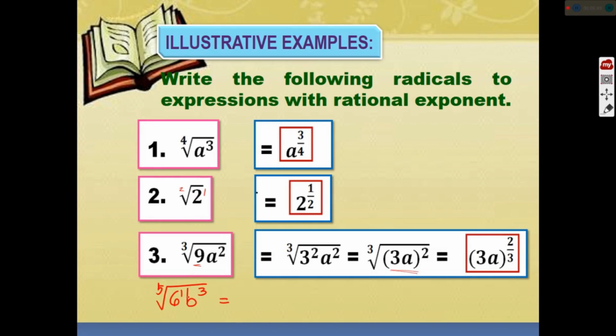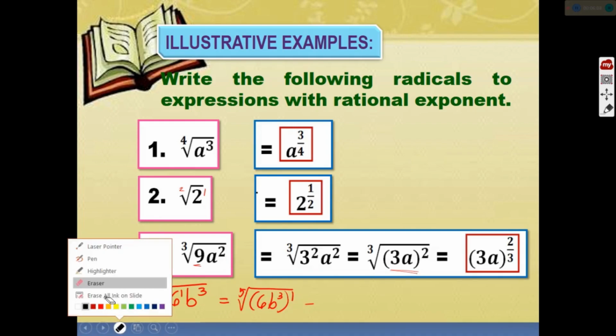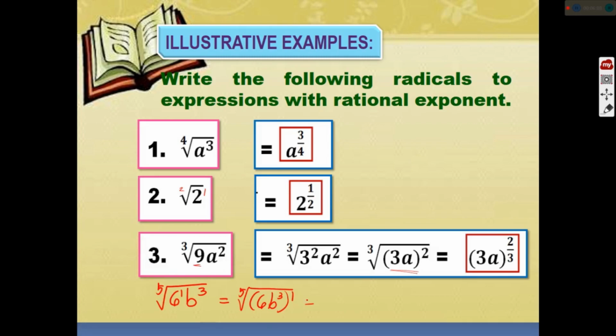Since yung isa ay exponent ay 1, tsaka 3 yung isa, therefore, ang GCF nila ay 1. So, 5th root of the quantity 6b cubed raised to 1. Kapag transform nyo po in rational exponent, your answer will be the quantity of 6b cubed raised to 1/5.